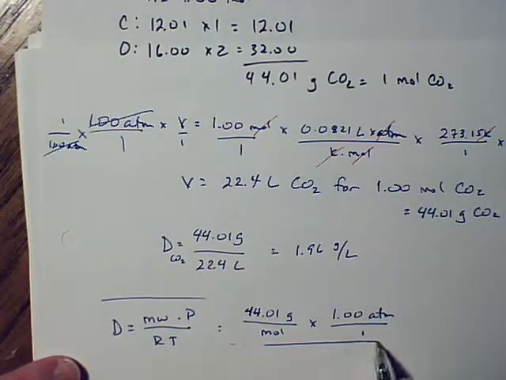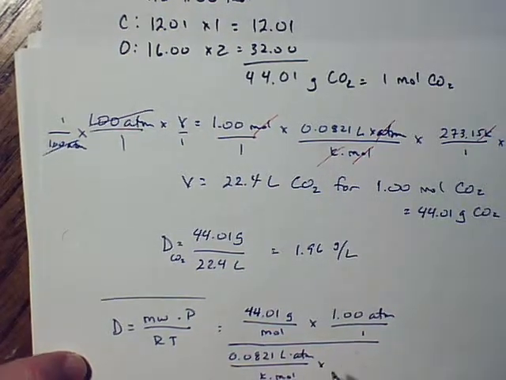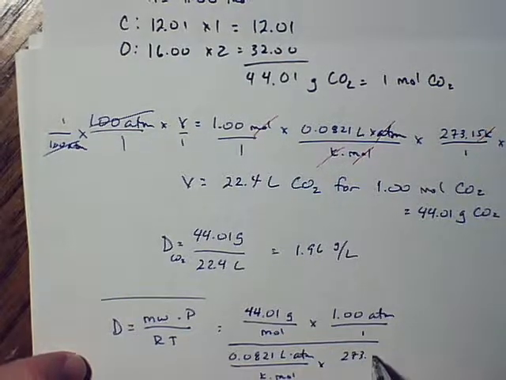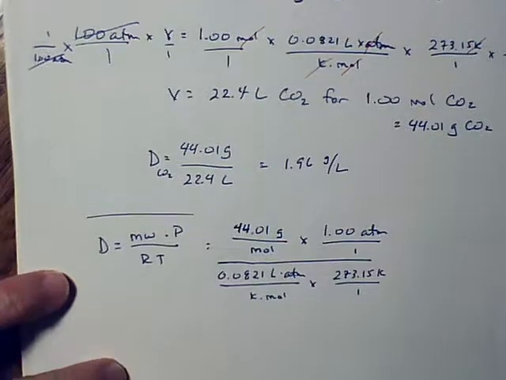We're going to put all of that over the R value, which is 0.0821, right? Liters times atmospheres over Kelvin times moles times the temperature, 273.15 K. All right, now that's a complex fraction.